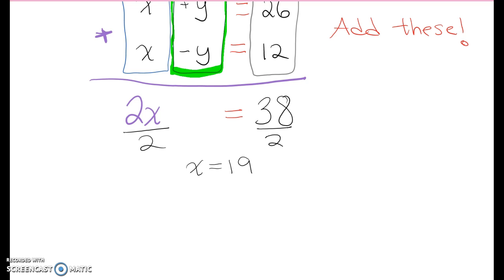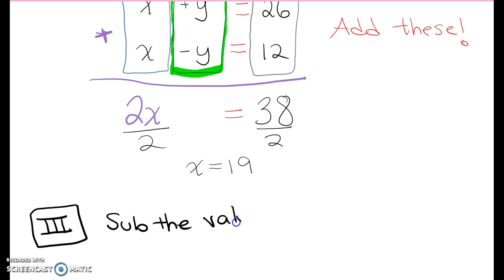So our big step 3, really, we're going to call it, and I'll have all the steps written out for you on Monday in the INB page I give you, is sub the value you got back into one of the original equations, right? You've done this before.